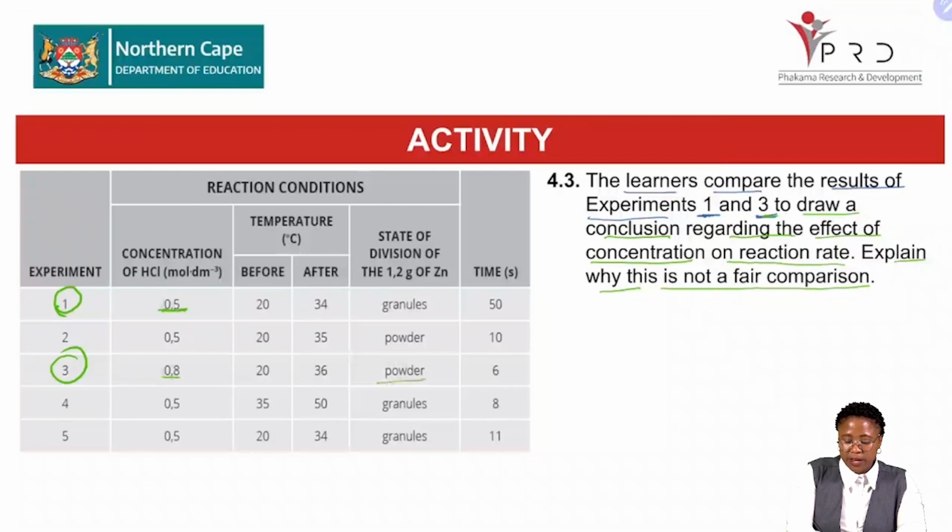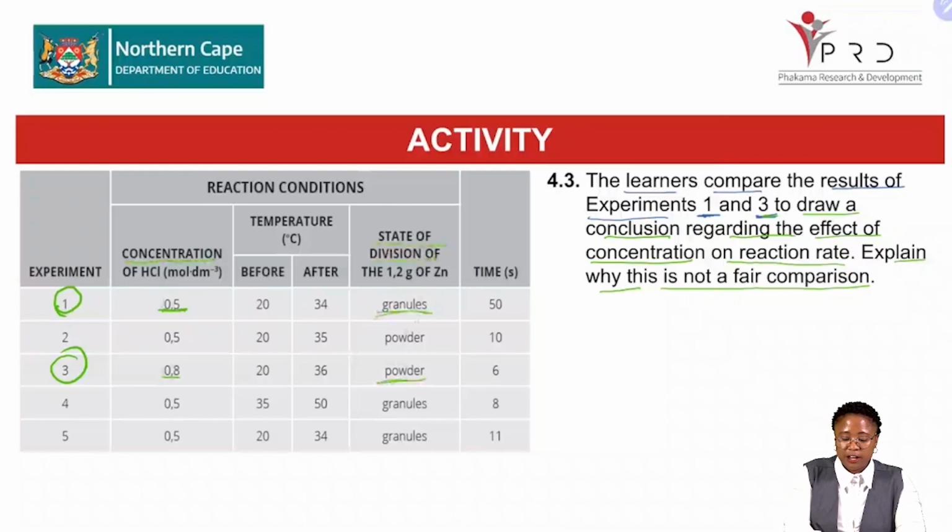You can see here we have powder and granules. So this is not a fair comparison because we are investigating more than one factor at the time. We know that concentration affects the rate of reaction. We also know that the state of division or the surface area also affects the rate of reaction.